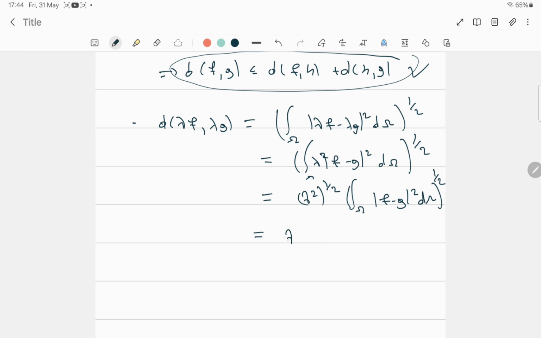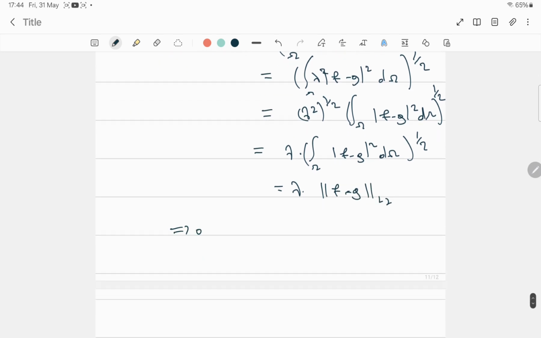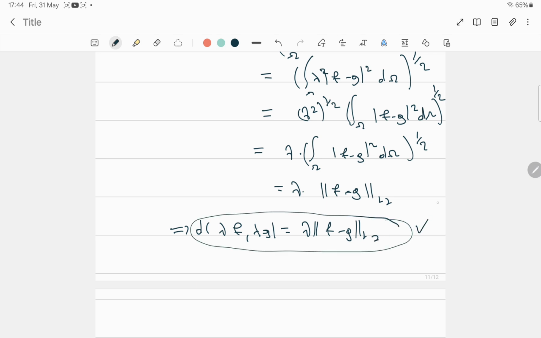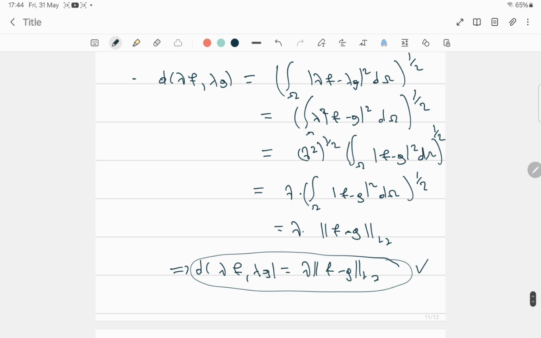So what you get is λ times the square root of the integral over Ω of (f minus g) squared dω. And this is the f minus g norm in L2. So since all the properties are satisfied, L2 space is a metric space.